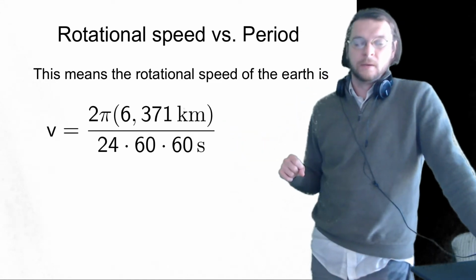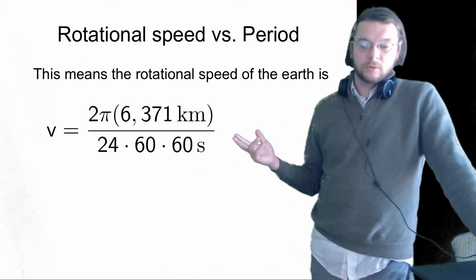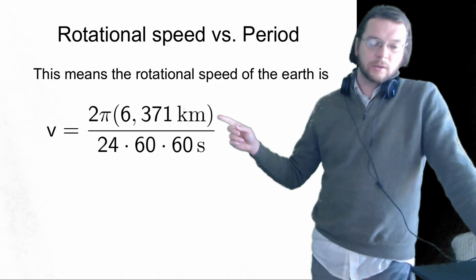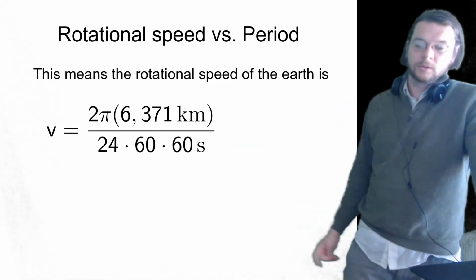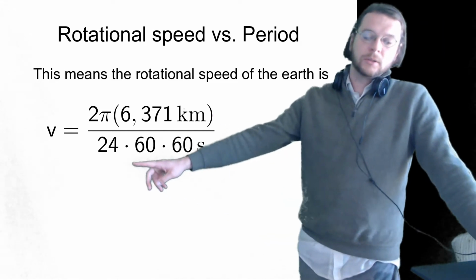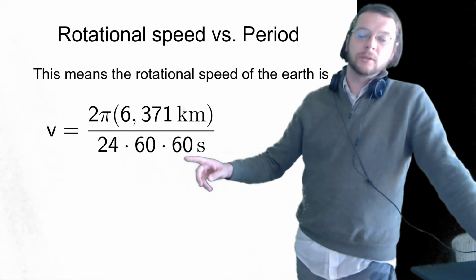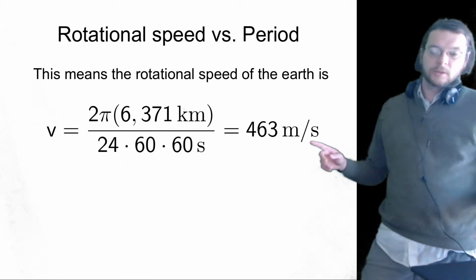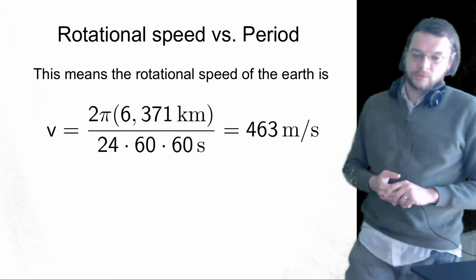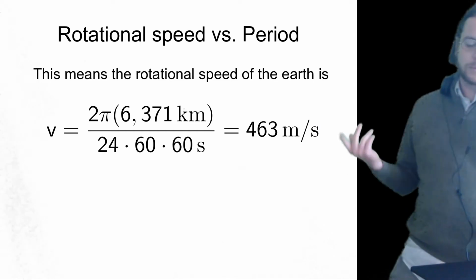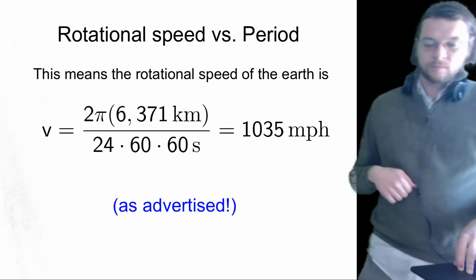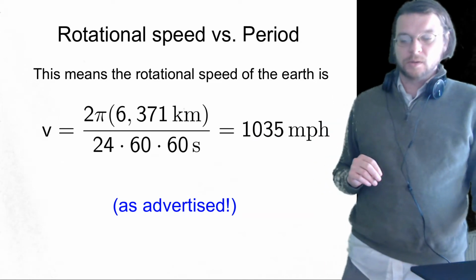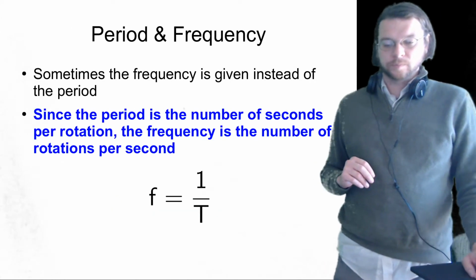We can convert this to meters per second. The radius of the Earth is about 6,000 kilometers, and 24 hours is 60 minutes in each hour, 60 seconds in each minute. Running the numbers, this is almost 500 meters per second, and then we can convert that into miles per hour. That's how I knew that Google was right about the speed at the surface of the Earth.